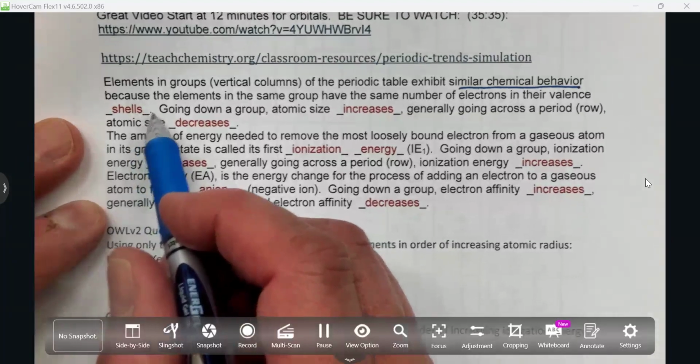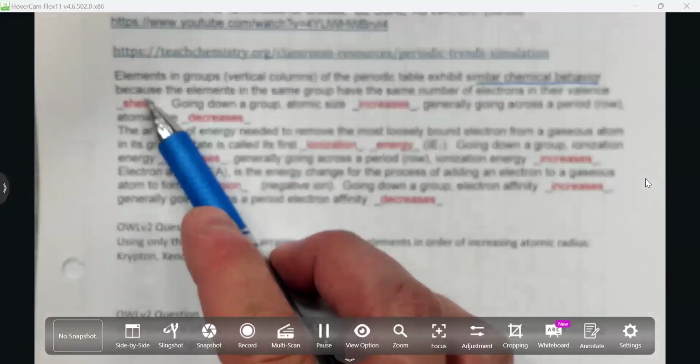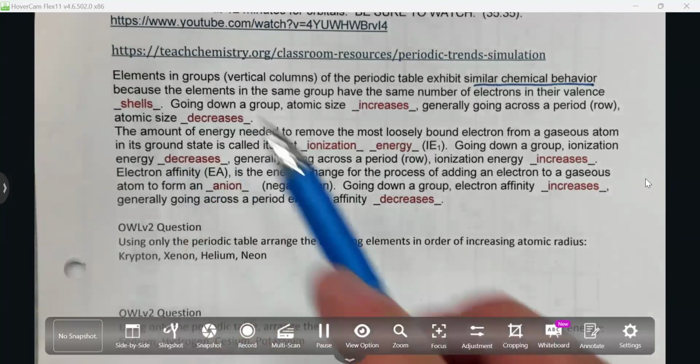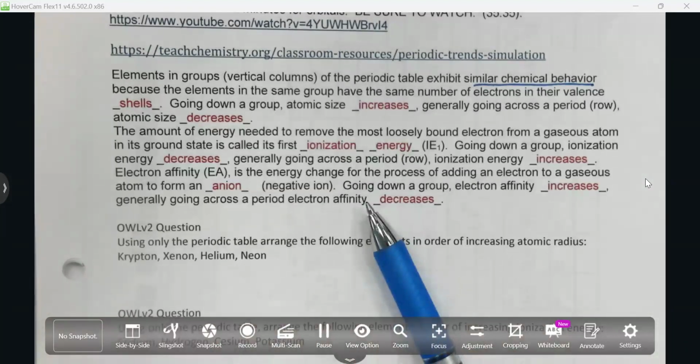They have the same valence electrons, correct? Everything in group 1, 1 valence electron, correct? So they act similar. Everything in group 2, 2 valence electrons. They're going to act similar. They have the same number of electrons. Things react according to the electrons.